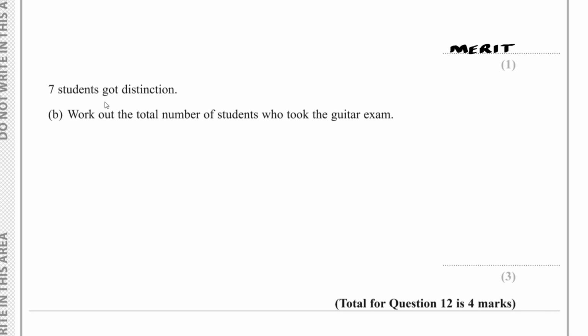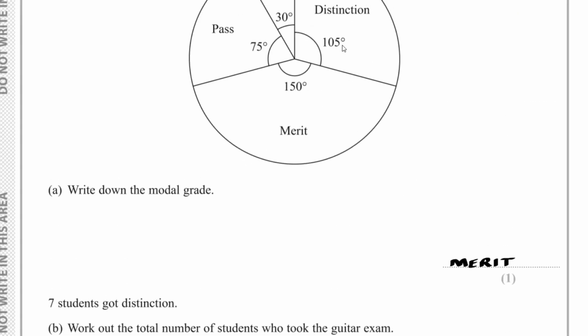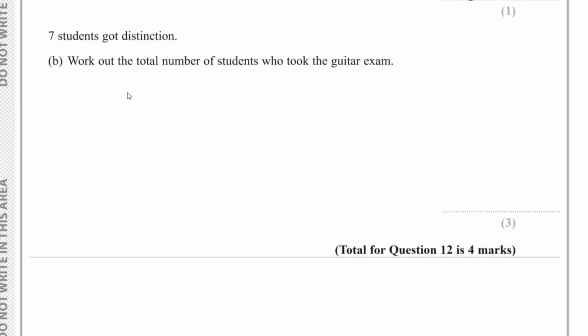Part B, 7 students got distinction. We have to work out the total number of students who took the guitar exam. Well, we've got 105 degrees for distinction. 7 students got distinction, so we have 7 students equals 105 degrees. We want to find the total number of students, so we need to find ultimately 360 degrees.